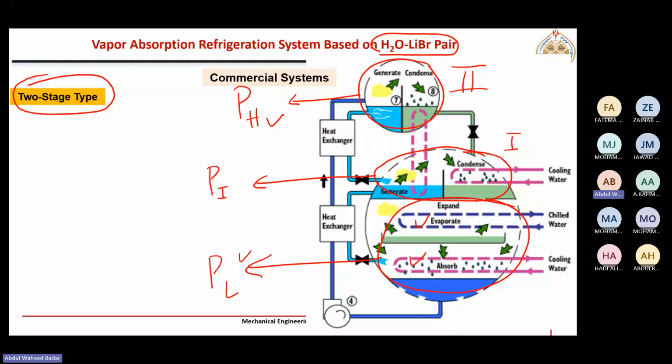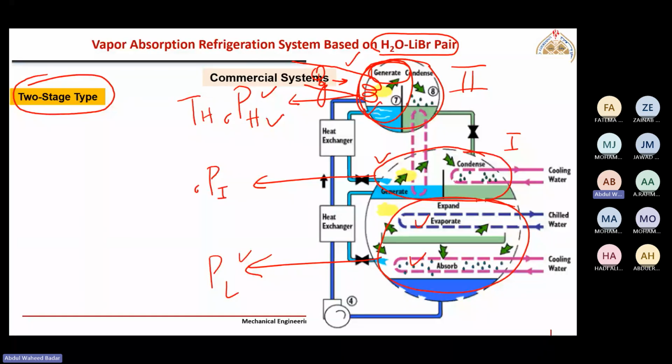So these are called multi-effect systems, where a series of generators at different higher pressures are available. So heat is actually supplied to the highest pressure generator. So the external source of heat is supplied here only. Here is the heat supplied at the highest pressure and at the highest temperature.